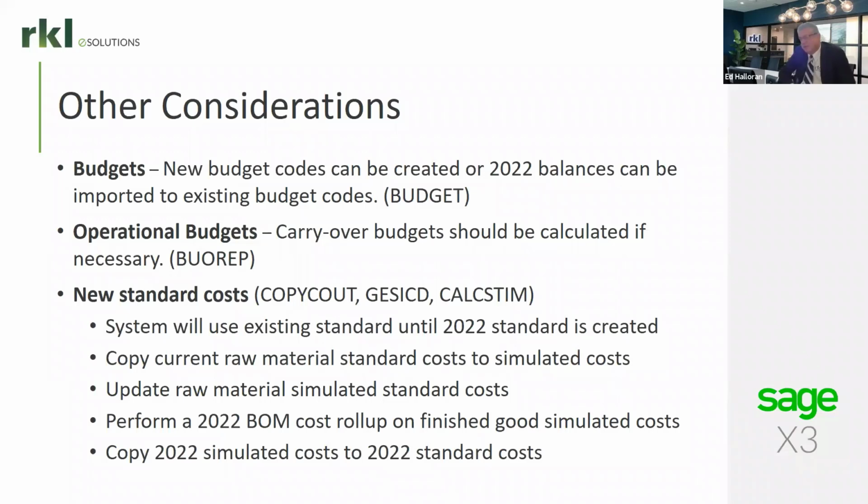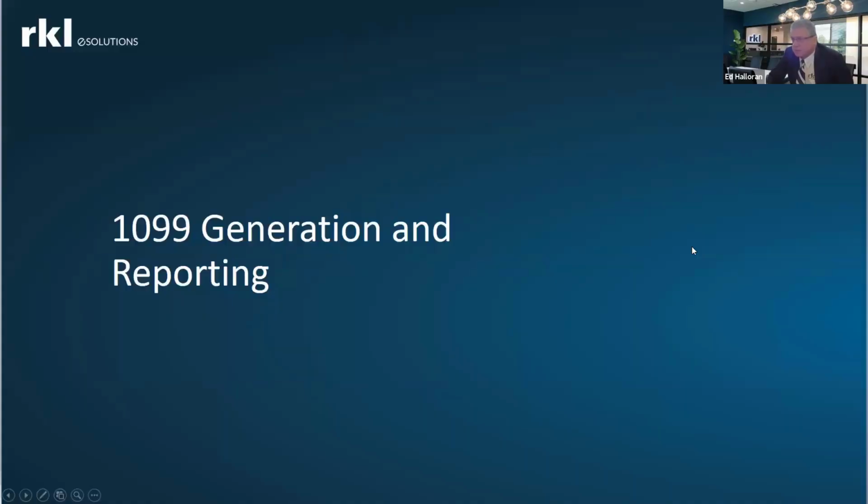And if you're good with that, you can copy all the simulated costs to standard costs for 2022, using the copy function above. So we do work with some clients on that, helping them get through the new standard cost process.